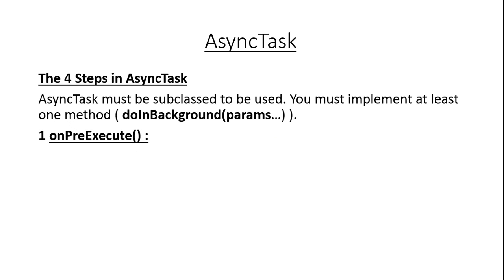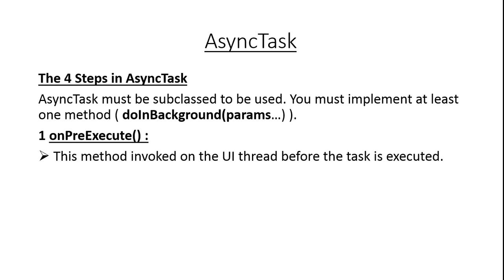And here is the first method within AsyncTask, onPreExecute. For executing an AsyncTask, you have to create an object of the class that extends AsyncTask, and using that object, you have to call the execute method. If you call the execute method, the Android system will call the onPreExecute method. This method is invoked on the UI thread before the task is executed.